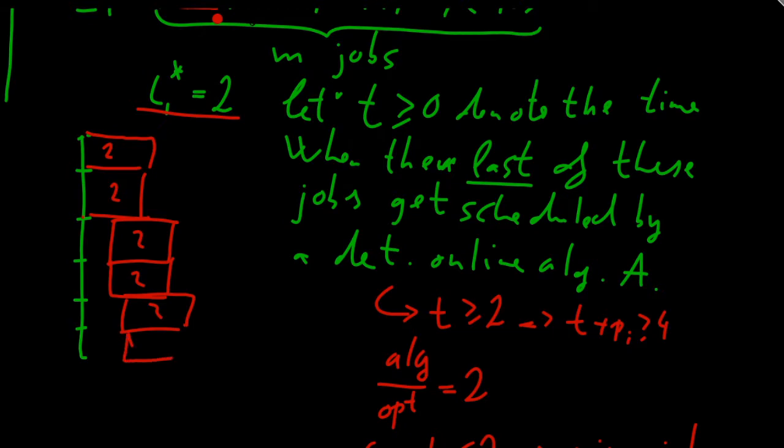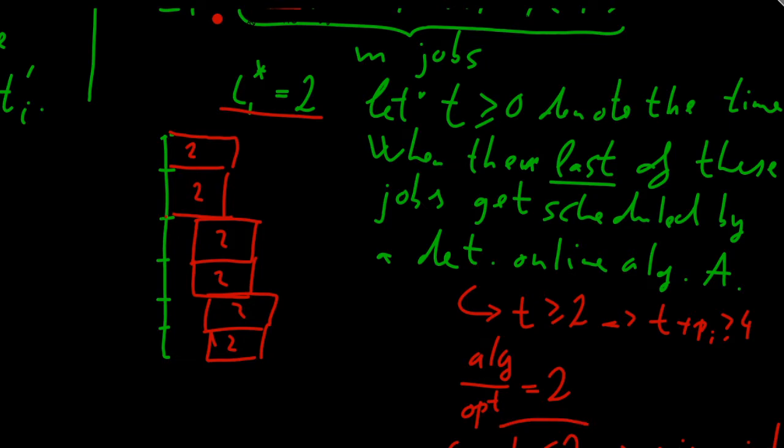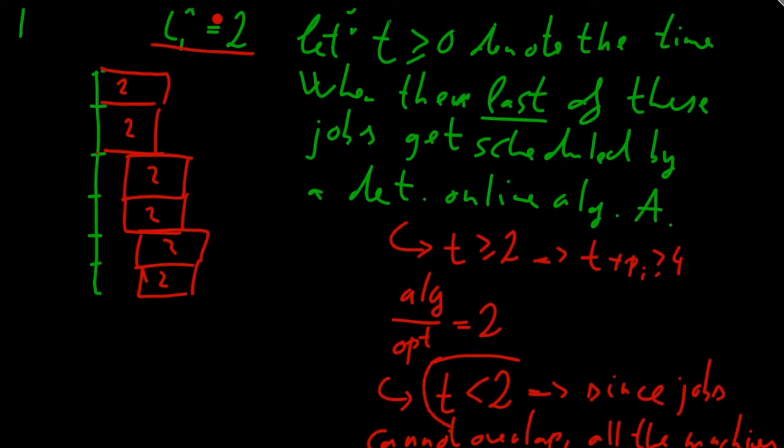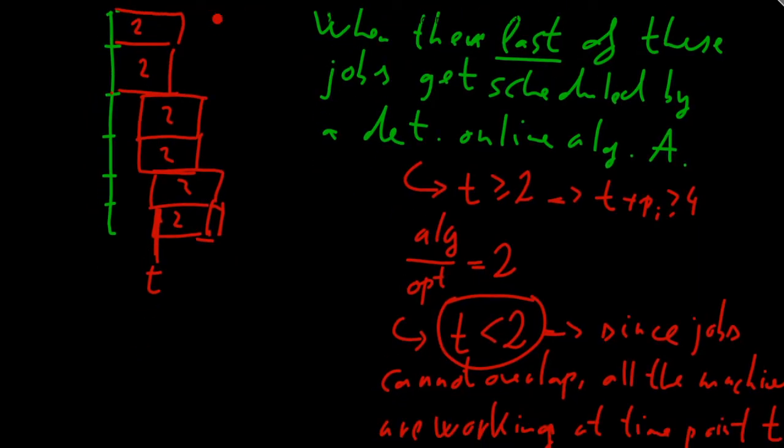But if this T here is smaller than 2, this means that the last job, which also has a size of 2, since T is smaller than 2, means that each machine is processing exactly one job at time point 2. Now here the cost of the algorithm is 2 plus T, right?